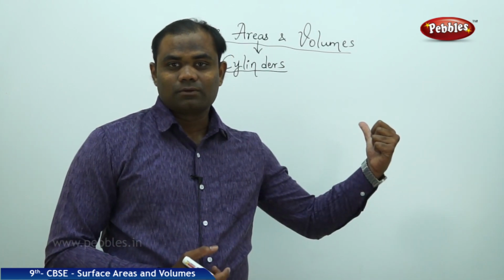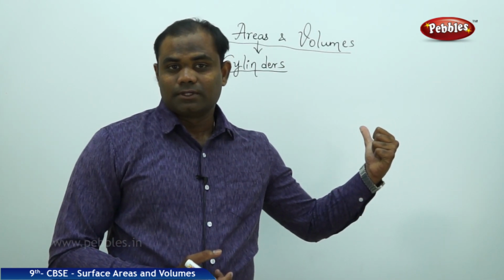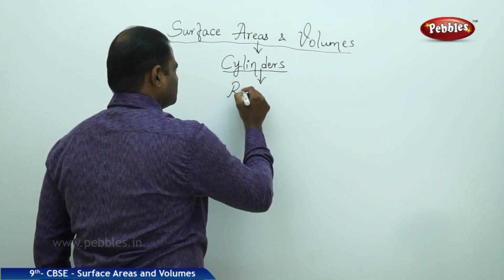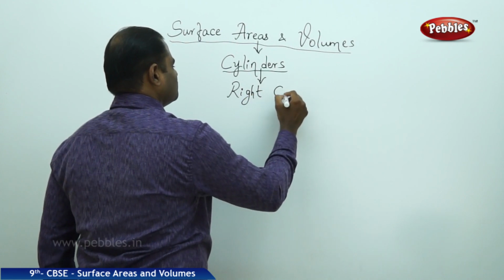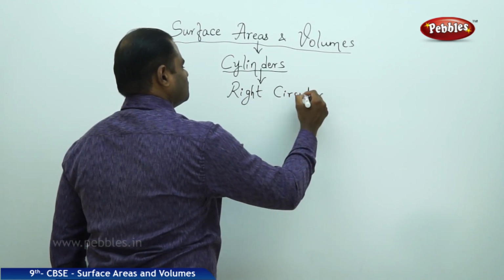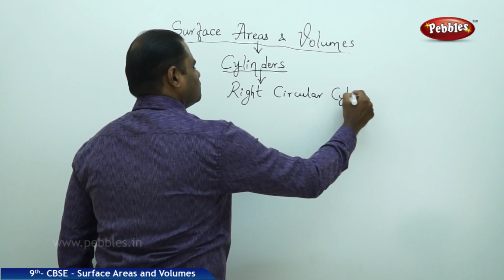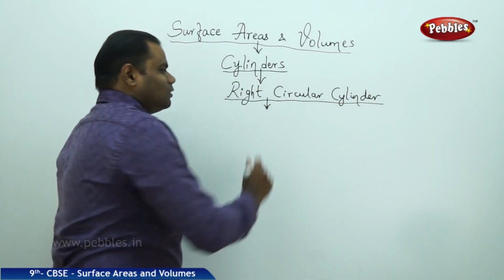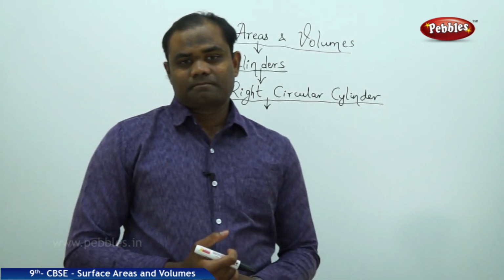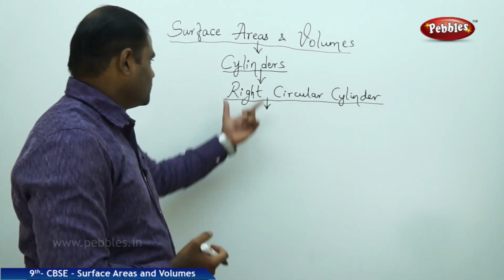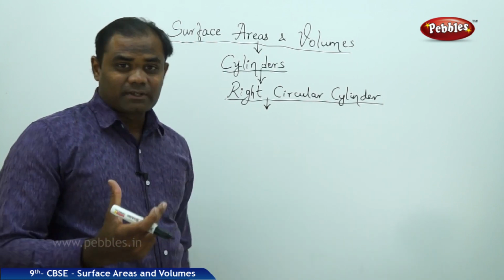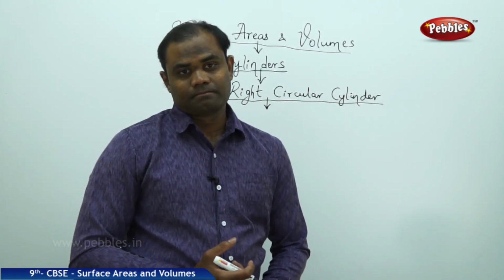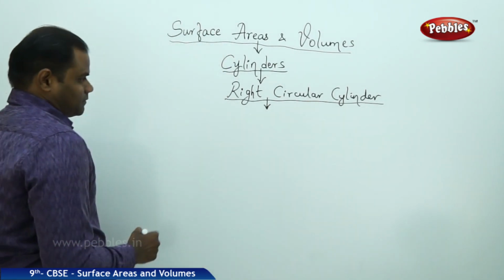This session is about the right circular cylinder. What is a right circular cylinder? What is the difference between a cylinder and the specific cylinder given by the name right circular cylinder? So let's see this in brief.